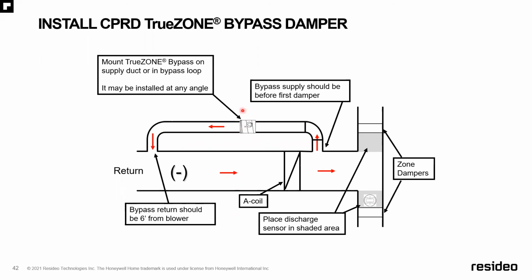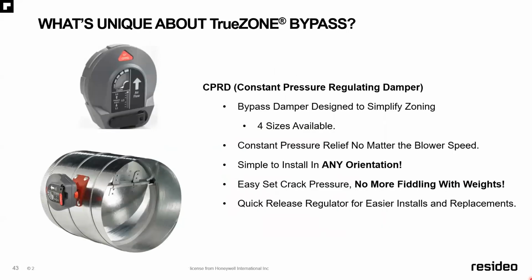It's got the neat attribute that you can put it at any angle. That's very significant. Even though this shows the return air being dumped directly into the return air plenum, if you get it further out on the return air ductwork, this will allow the air to mix and be less likely to create issues with your limit, particularly in gas furnaces.